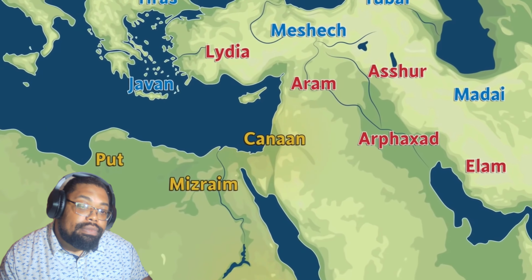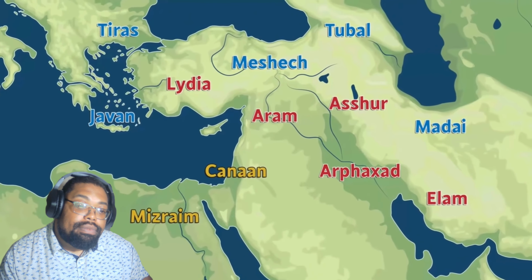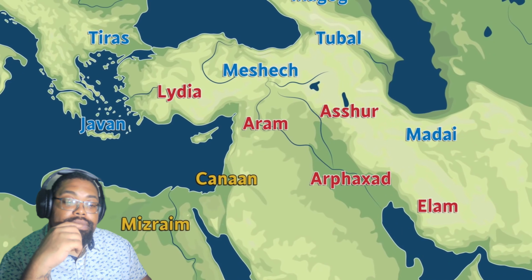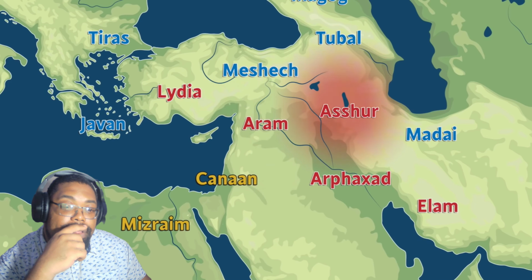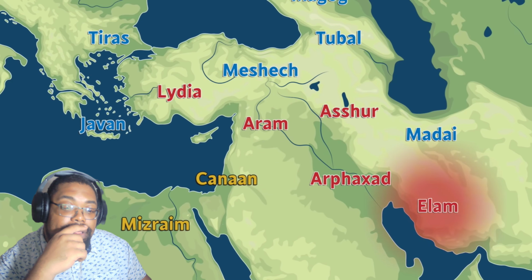Turning our attention to the red section representing the descendants of Shem, there are also several recognizable place names here too. Aram being an ancient name for Syria, Asher being an alternate name for Assyria, and Elam being a nation that existed on the Iranian plateau prior to the rise of Persia.